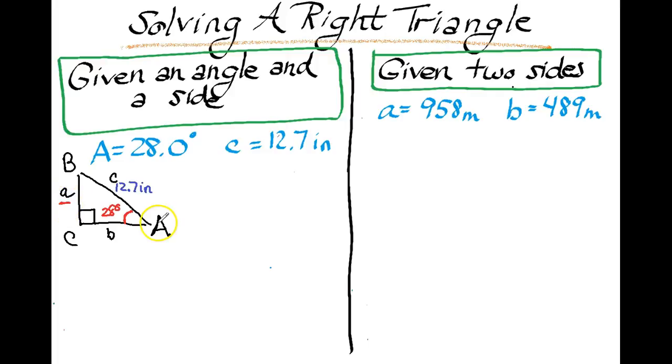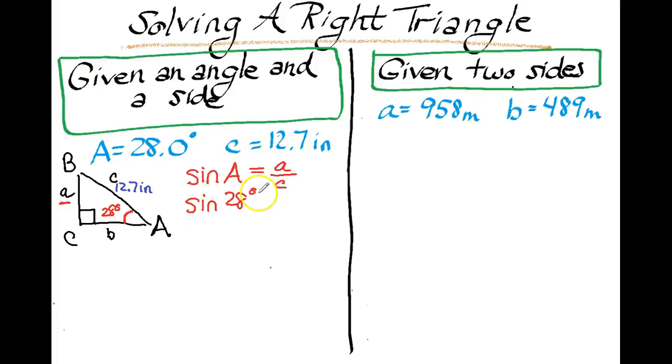From the perspective of angle A, we do have a trig function that uses A and C, and that trig function is the sine of angle A equals lowercase a over lowercase c, the opposite over the hypotenuse. So let's fill in all of our given information.